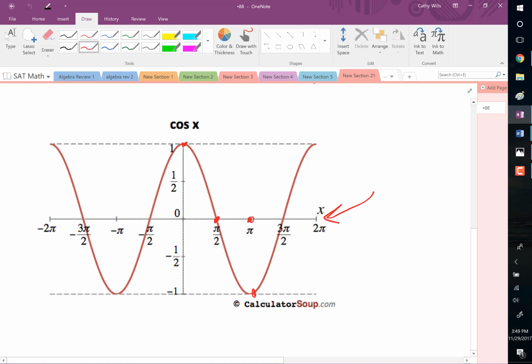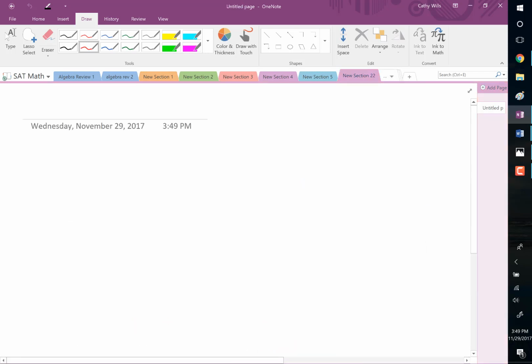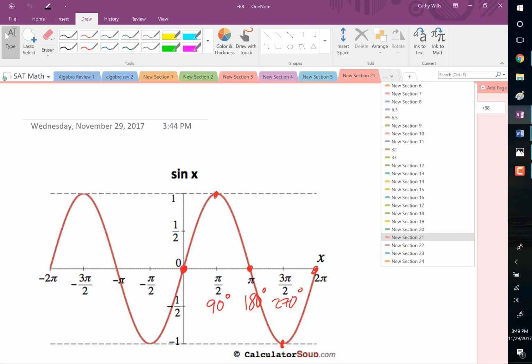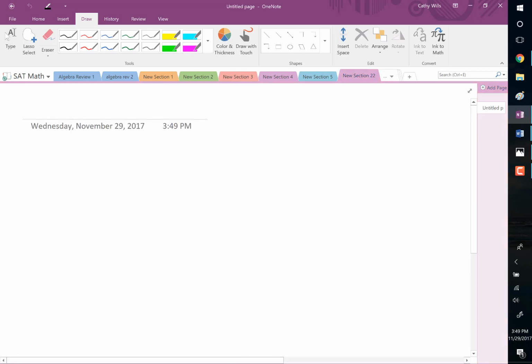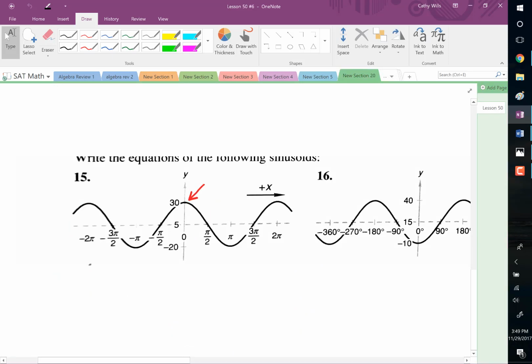But the picture on number 15 is of a graph that's been shifted up 5 units, because we can see that our horizontal axis is 5 instead of 0. Okay, there it is. All right, so you can see that the horizontal line that's going straight through the middle of this is 5. So this whole graph has been shifted up 5.